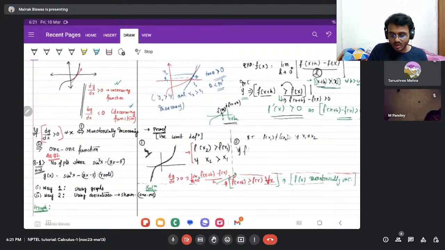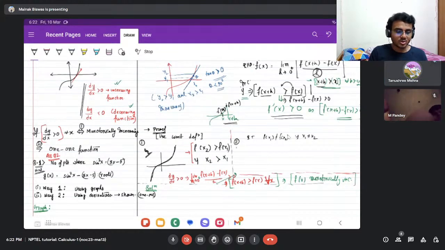What is the definition of a 1-1 function? Not the definition, just the idea. One element from the set A is related to only one element in the set B.